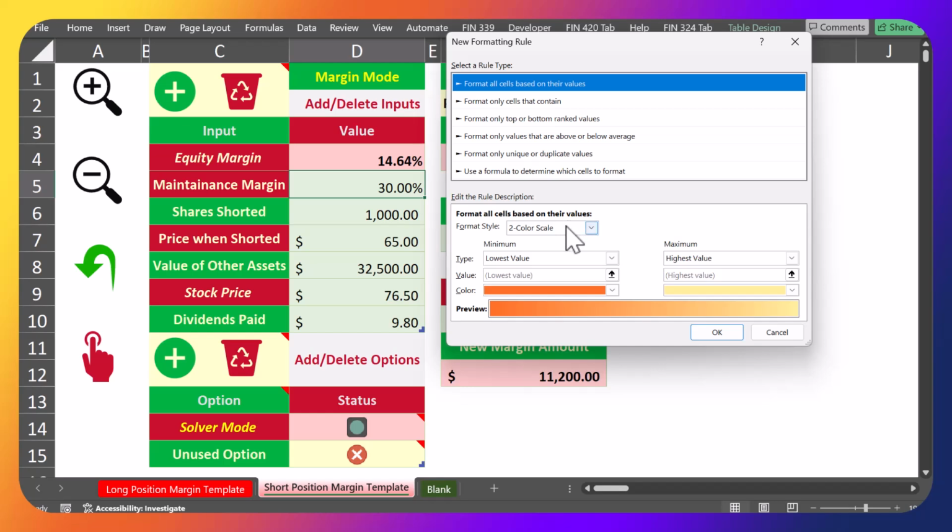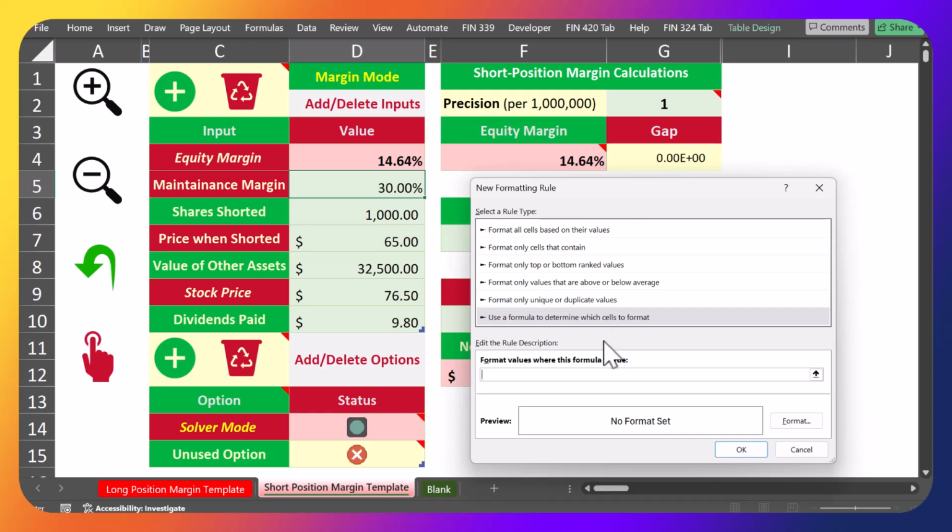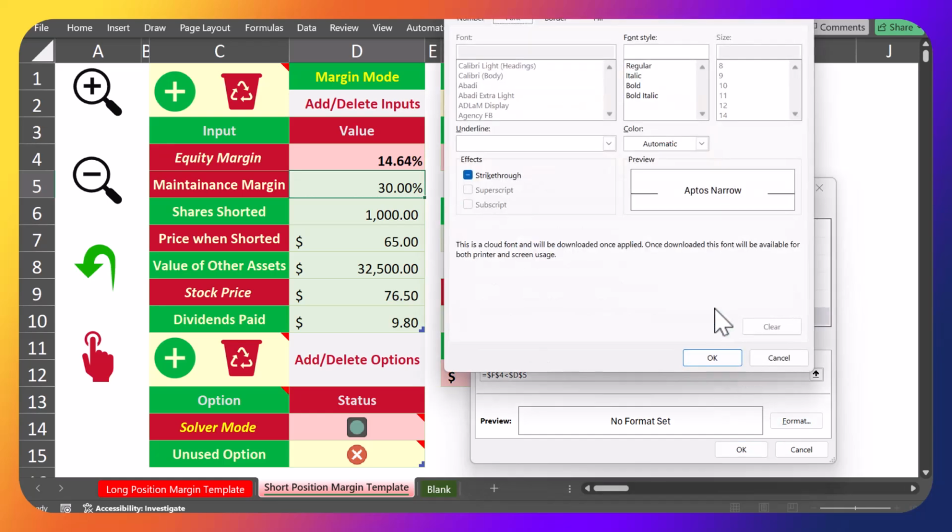Let's do formula to determine which cells to format. And the formula is margin is less than the maintenance margin. And for formatting, we're going to make this red.